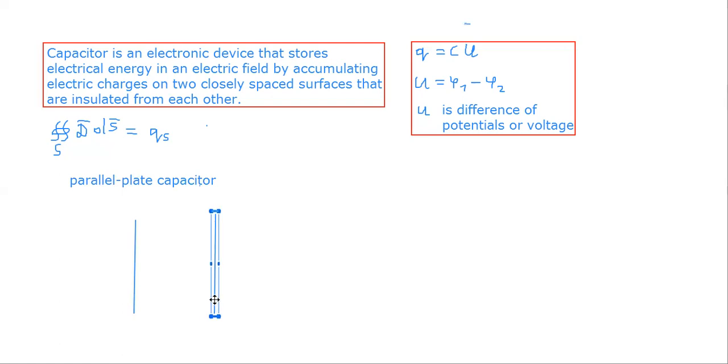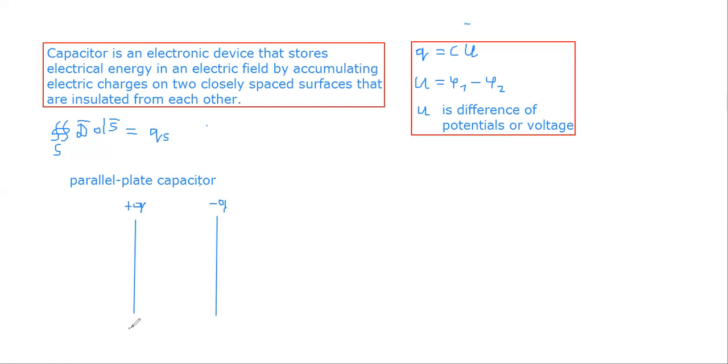Two conductors that are plane surfaces, and between these surfaces is vacuum or air or some dielectric media. Here we have charge plus Q. Here we have charge minus Q.